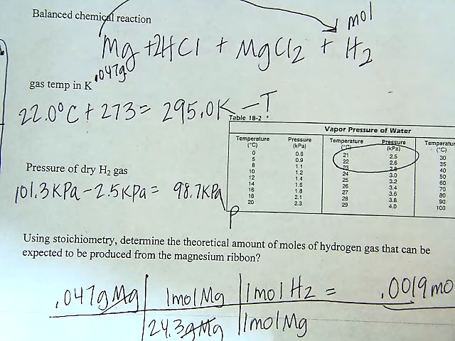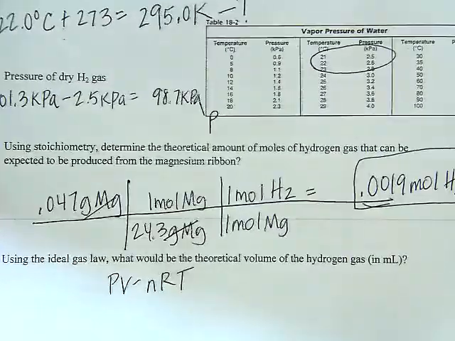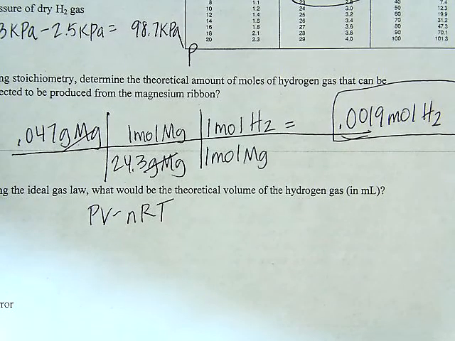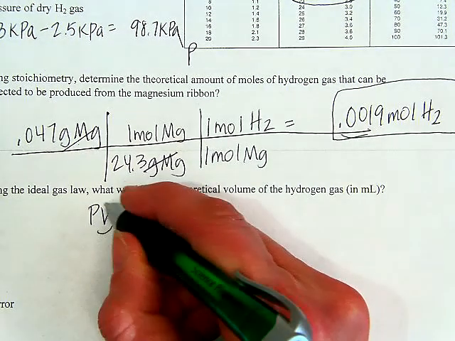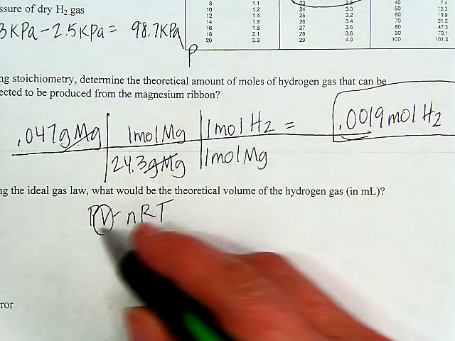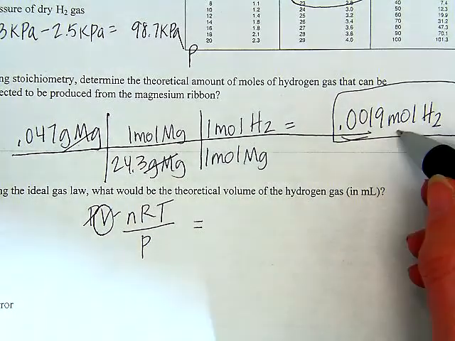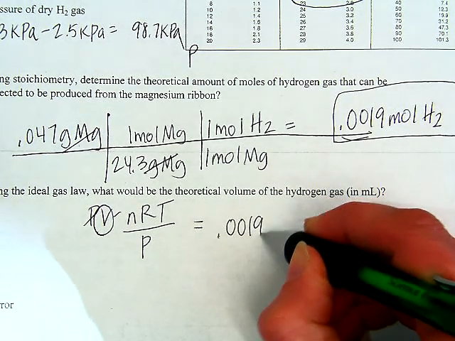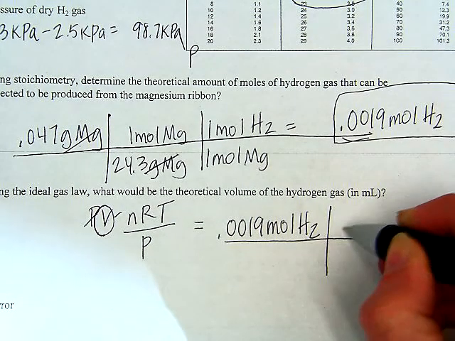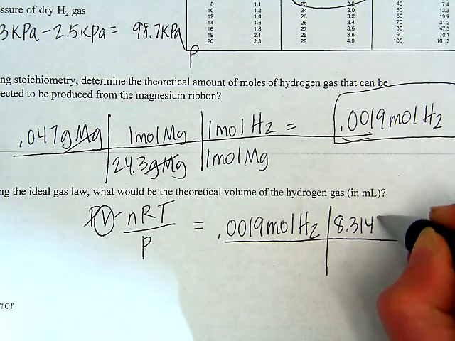So now I'm able to use the ideal gas law to calculate the theoretical volume. So I am solving for volume. Remember, feel free to pause this at any time. I am solving for volume. I need to get rid of pressure. So I put my number of moles on top, and my R value, which is the kPa R value.